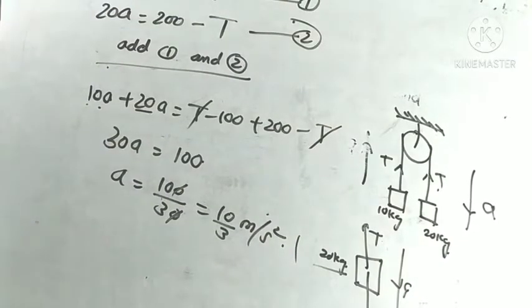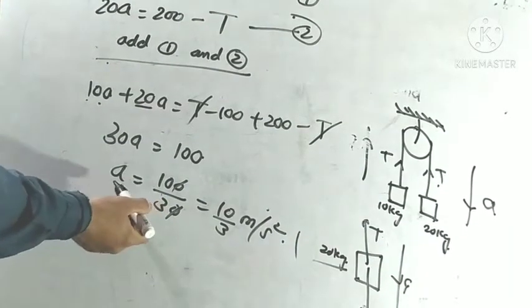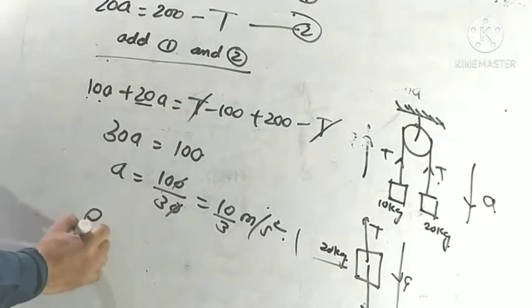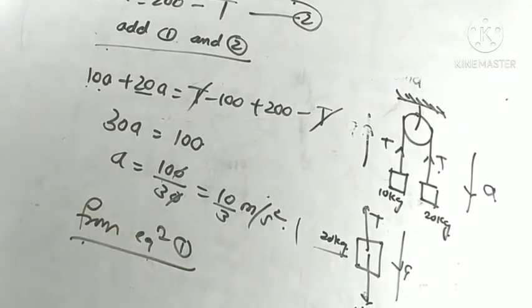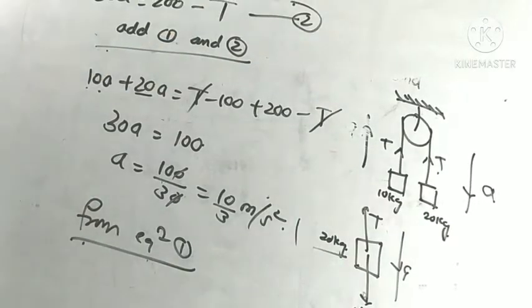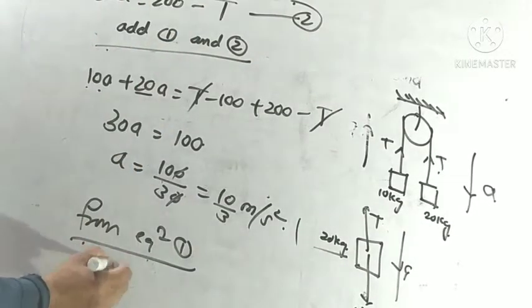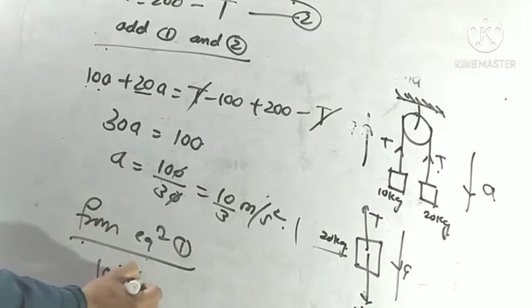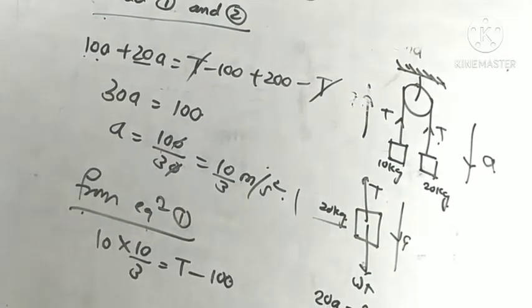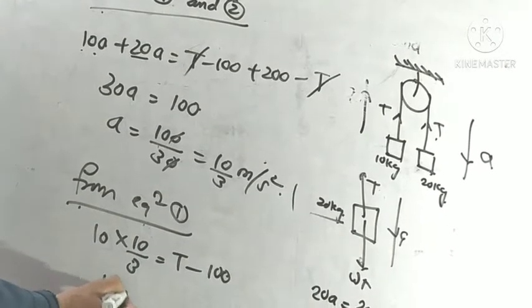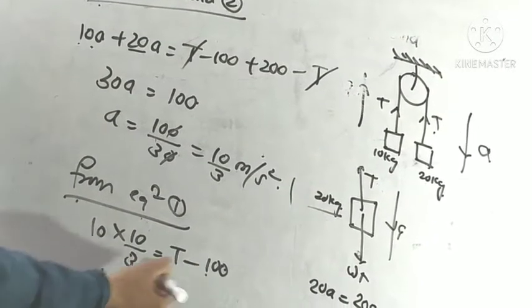Okay, and now we put this value of acceleration in equation number 1. From equation number 1, we put this value of acceleration, then we will get tension T in the string. So 10 and the value of A is 10 upon 3, is equal to T minus 100. So it finally becomes 100 upon 3, and this 100 comes here.